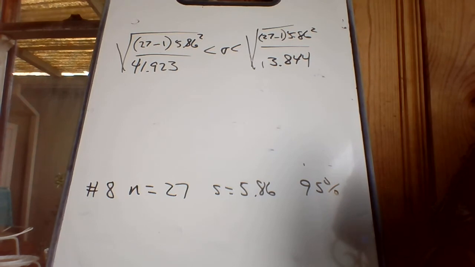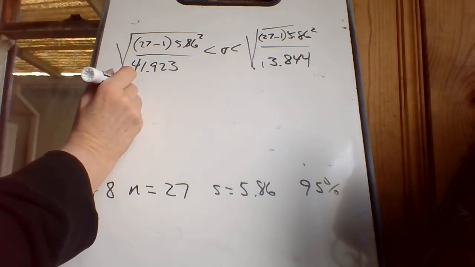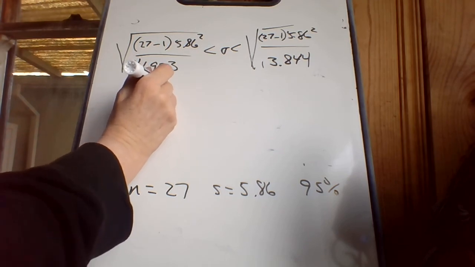Okay. All right. So 5.86 squared times 26. Okay, so my numerators are 892.83.